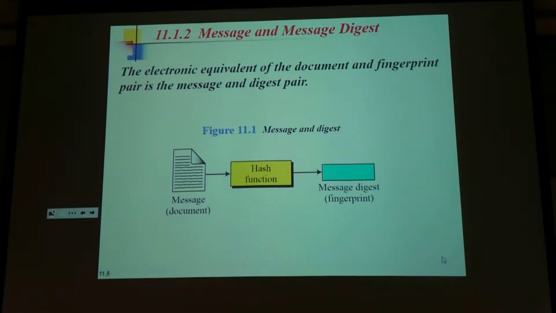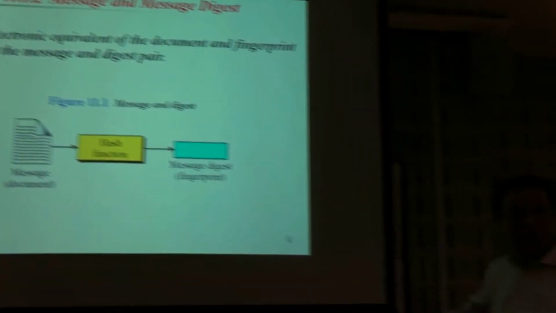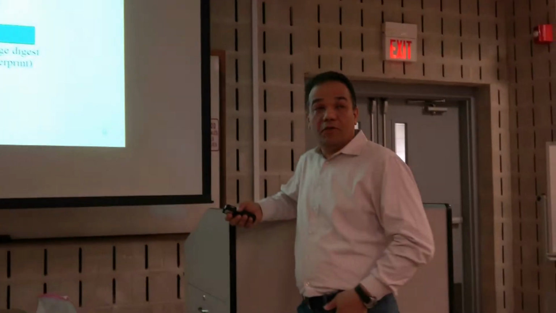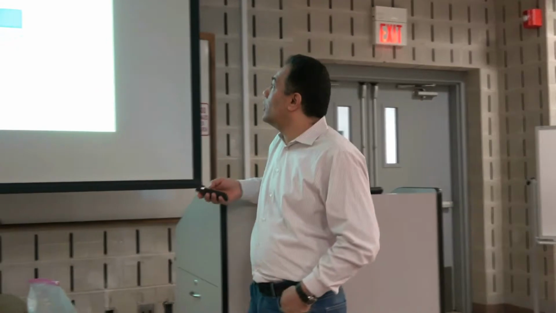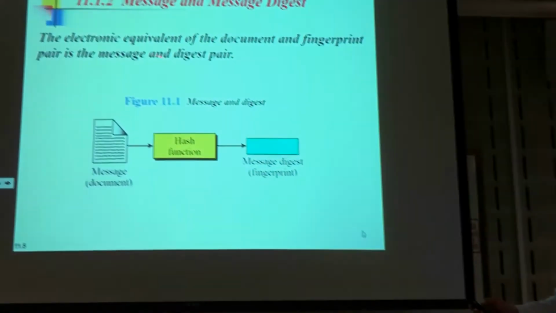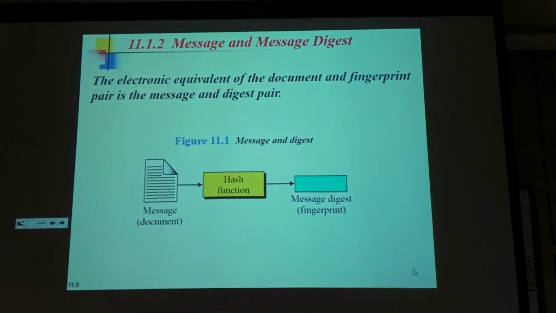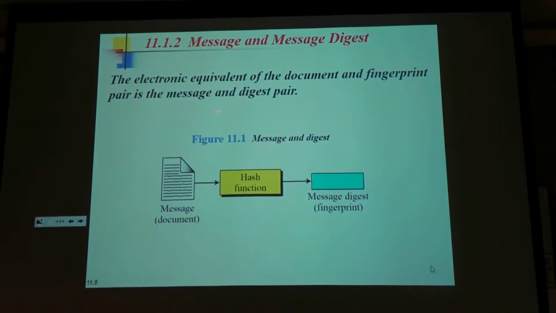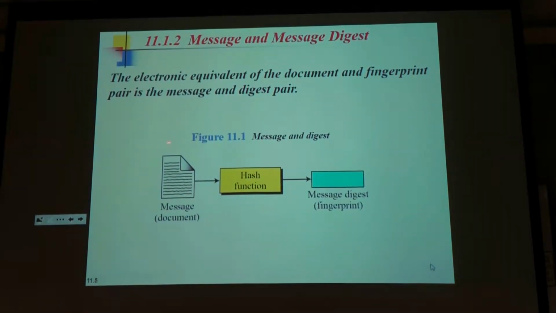So the message and message digest. What we do in practice in the digital world is we create something called a digest. So the electronic equivalent of the document and fingerprint pair is a message and digest pair. You have a message, you're going to have a hash function, there are many of them, we're going to discuss them next class, and you create a message digest.